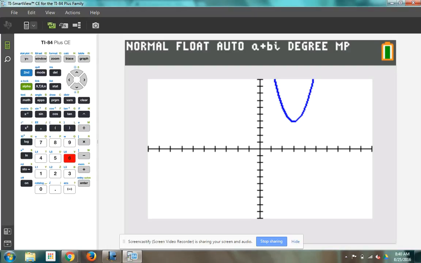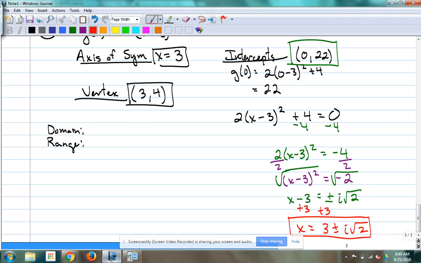So we can solve that and find what are called the zeros of it, but they're not necessarily x-intercepts in this case because they're imaginary numbers. But that process of solving is the same, whether that's an imaginary number there or not. So solving by square roots is the way to do that.